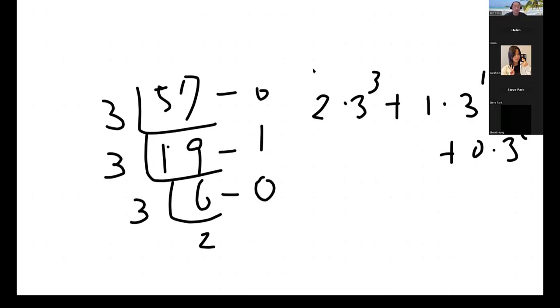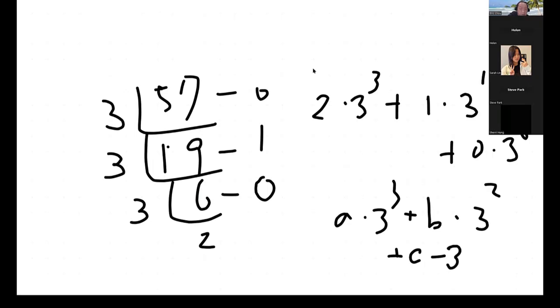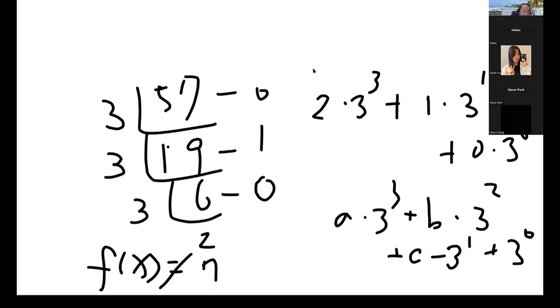So your number can be A times 3 to the power 3 plus B times 3 to the power 2 plus C times 3 to the power 1 plus D times 3 to the power 0. So you can use a basic polynomial function, and that polynomial function gets divided by 7, evaluated at x equals 3.